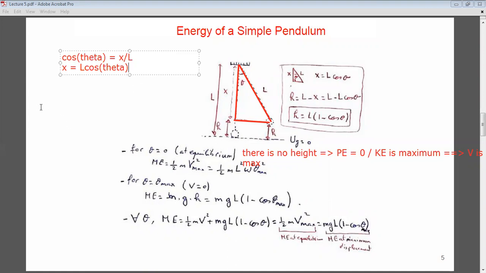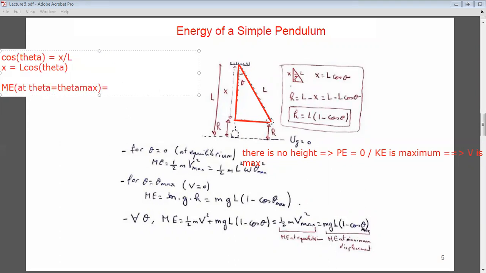Okay, and now here the mechanical energy at theta equal to theta maximum is equal to mgh.